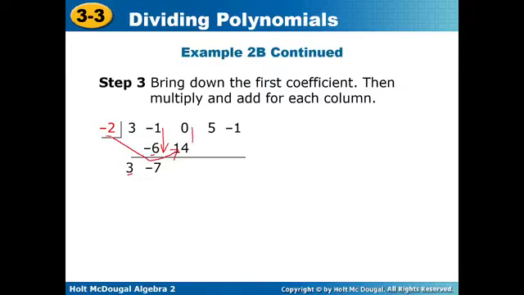Then you combine, and you'll have 14 for that. Then you multiply again, negative 2 times 14, and you write it there. So you have negative 28. Then you combine, that's negative 23. Then you multiply again, negative 2 and negative 23, and you'll have positive 46.